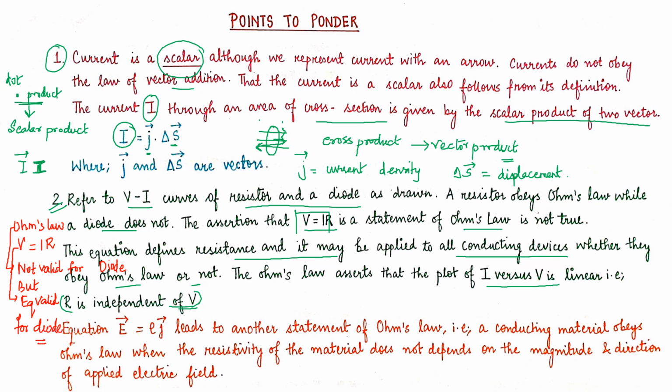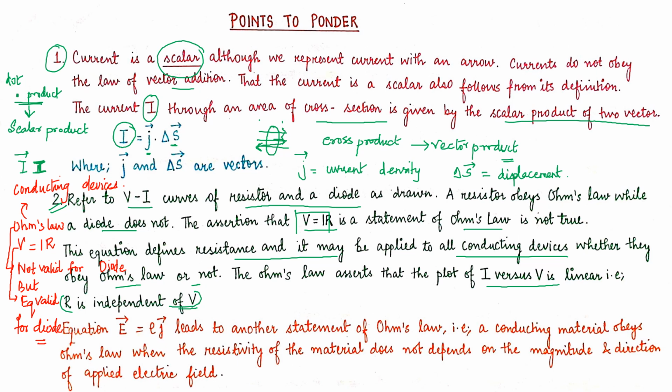So from this statement, it is said that Ohm's law is valid only for ohmic conducting devices. But the equation V equals IR is valid for all electrical circuits, whether the circuit follows Ohm's law or not.